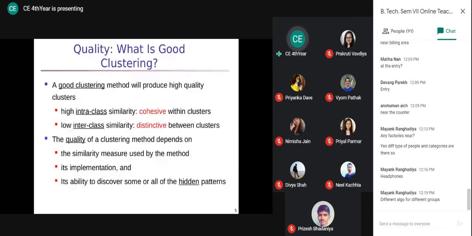If I put them together, the customer will pick either A or B. And so on. Likewise, there might be many rules, or you can say many hidden patterns, and you can say the algorithm is better if it is able to identify some or all patterns.